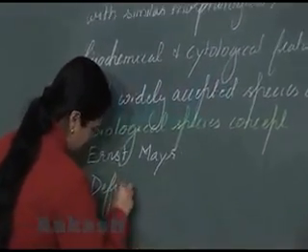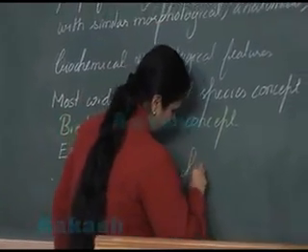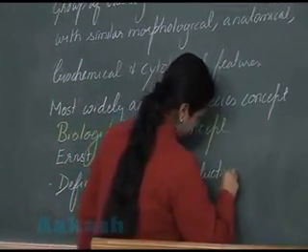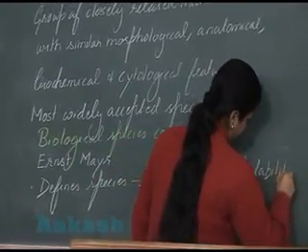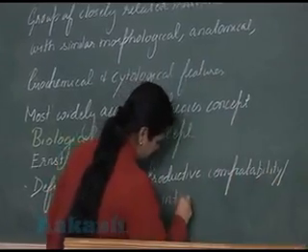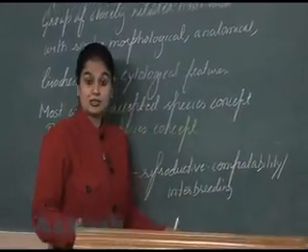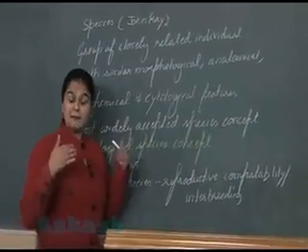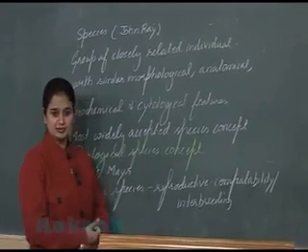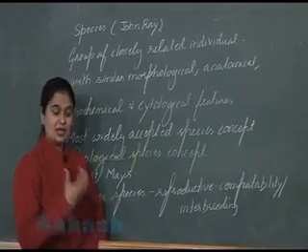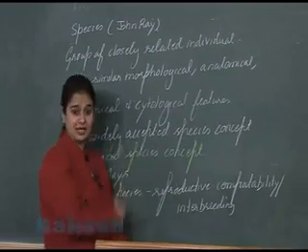He defines species on the basis of reproductive compatibility, or you can say interbreeding. What is interbreeding? Interbreeding is mating between individuals to produce fertile offspring. Mating between the individuals, organisms, to produce fertile progeny.